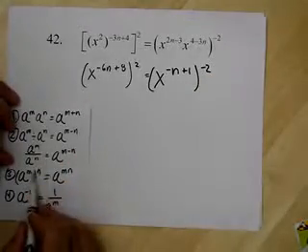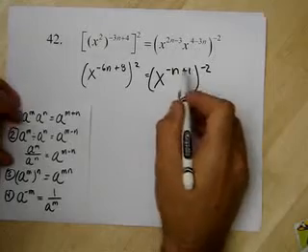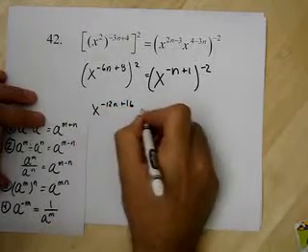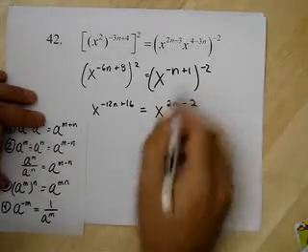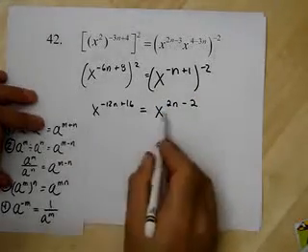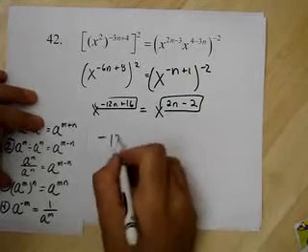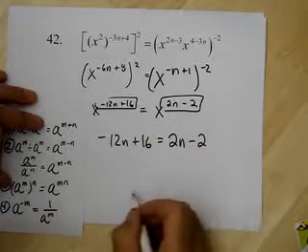Now I have these powers right outside, so I have to multiply 2 times this number. So I get x to the negative 12n plus 16 equals x to the 2n minus 2. Okay? Now I know that if these numbers are equal, these exponents have to be equal also. That's where my equation comes from. Negative 12n plus 16 equals 2n minus 2.